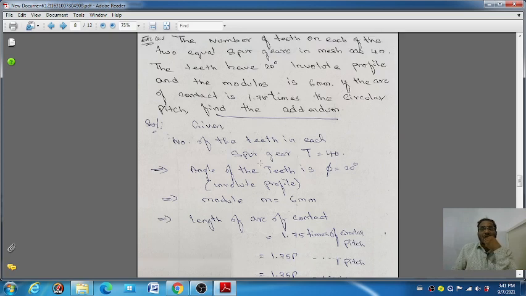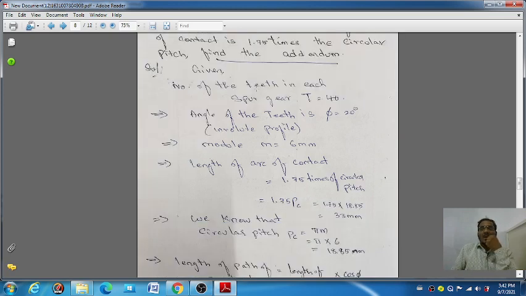So first we have to write the given data here. Number of teeth in each spur gear, T is equal to 40. Pressure angle phi is equal to 20 degree. Module m is equal to 6 mm. The length of the arc of contact is given as 1.75 times the circular pitch.